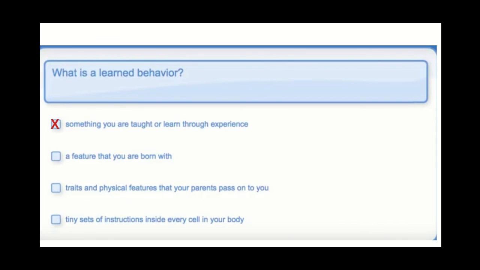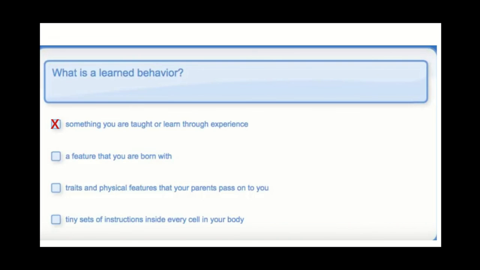It means something you learn, like riding a bicycle, reading a book because you need to read, doing math because you need to learn about math. So there we have taught behavior. Then the next one, a feature you are born with. You are born with brown eyes. You are born with black or brown or blonde hair, the form of your ears.